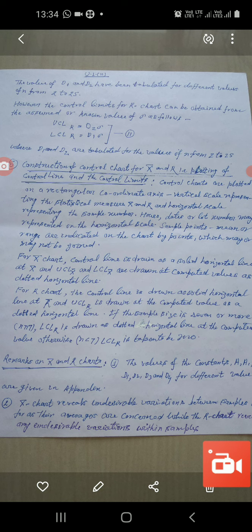Once more, the X bar chart reveals undesirable variation between samples as far as their averages are concerned, while the R chart reveals any undesirable variation within samples. Okay, note this point. One is between samples and another is within samples.